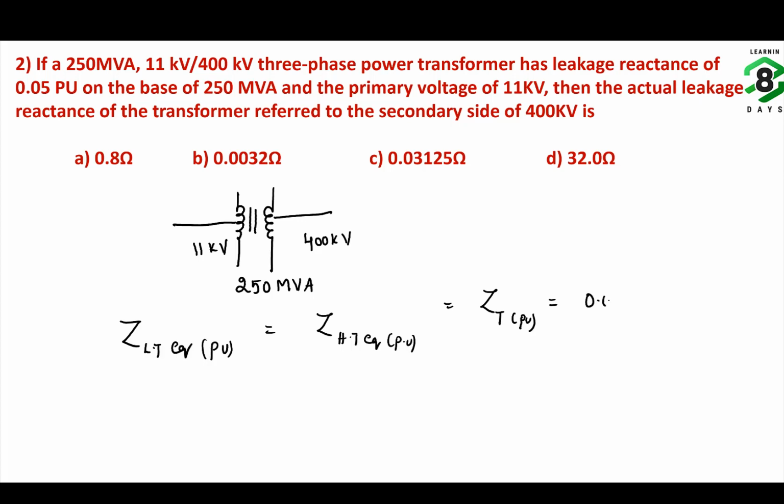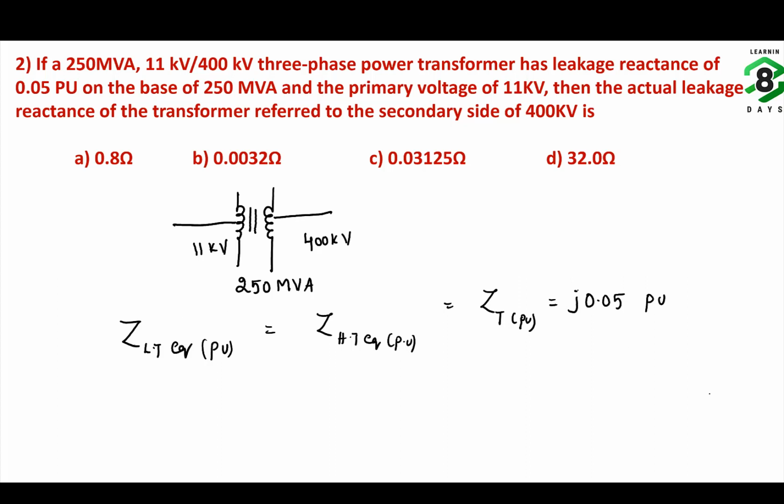whose value in the problem is given as 0.05 per unit. Since in most power system elements we only consider reactance, all the impedances are only reactances. Now, the equivalent per unit impedance referred to either primary side or secondary side is the same, whose value is 0.05 per unit in this case.